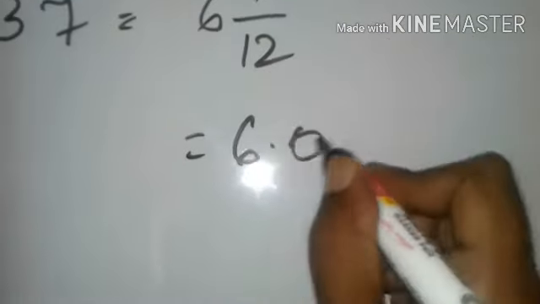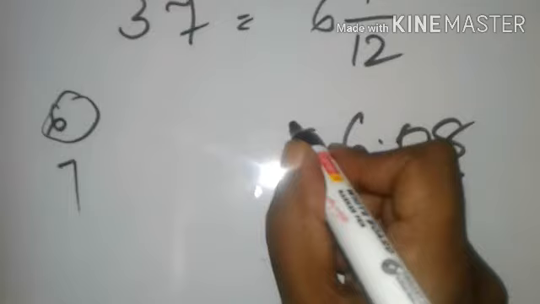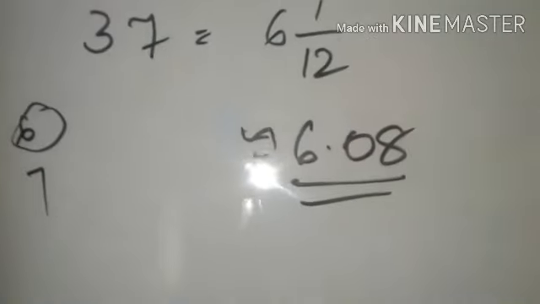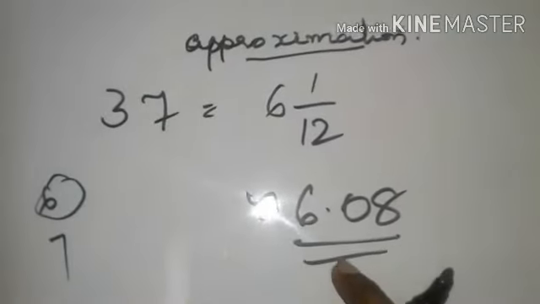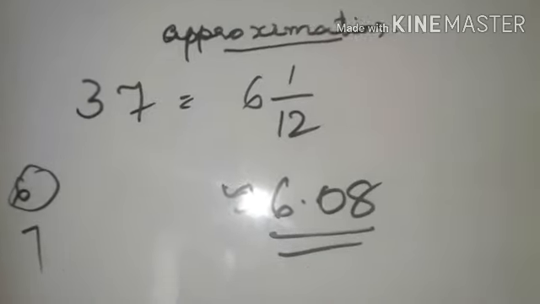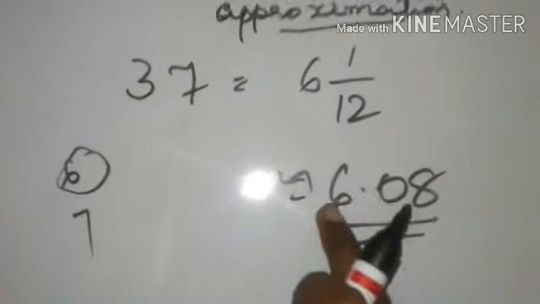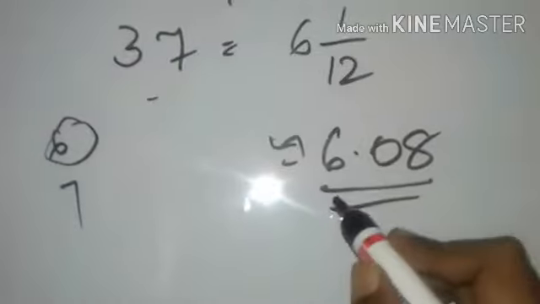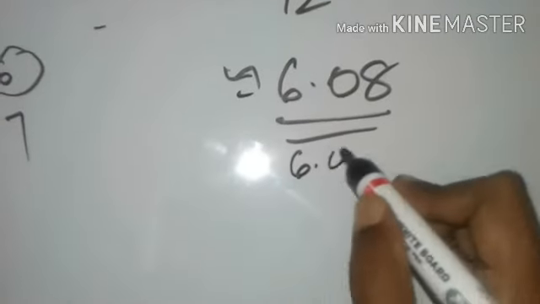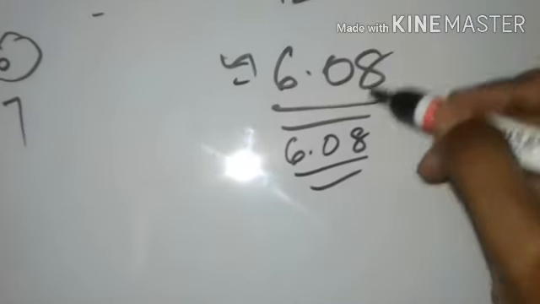So 6.08 will be the approximate value. You can't say that it's equal to; you can check with the help of your calculator. Let's find out the value of the square root of 37. The value of root 37 is 6.08, so you can see it's more or less correct.